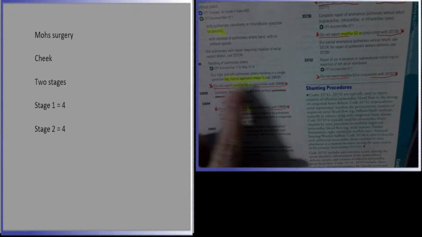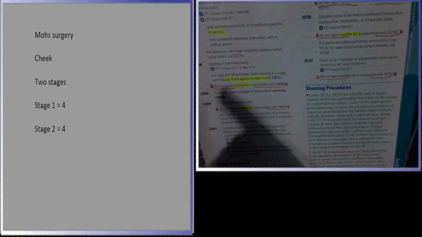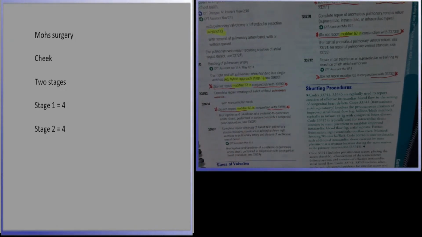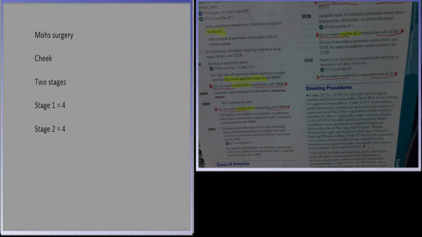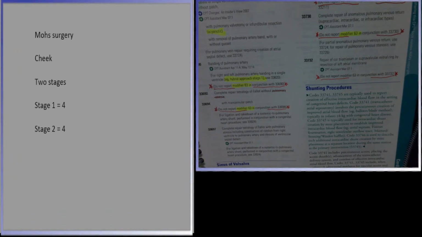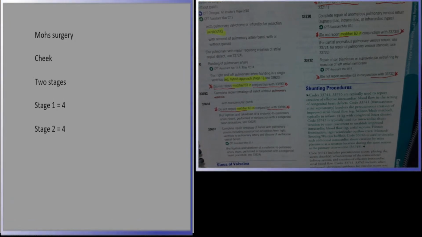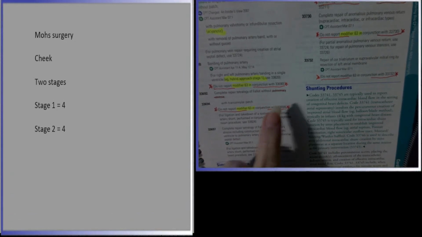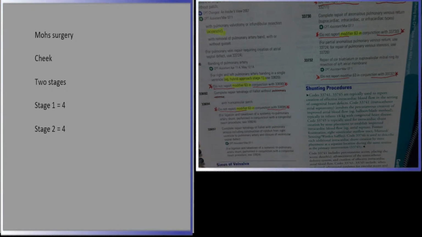Super helpful. Can you guys see that? Yeah, y'all can see that on YouTube. It's just one line through the words.